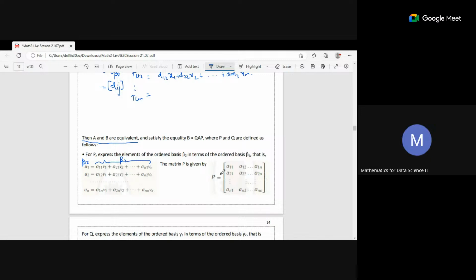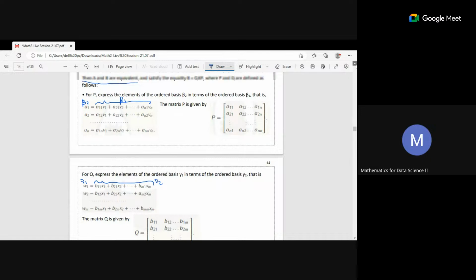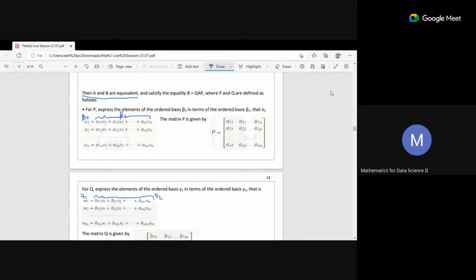Those coefficients will give you the matrix P. And for finding Q, express the elements of gamma 1 as linear combinations of the elements of gamma 2. That will give you the matrix Q. I guess this will be very abstract for you, but let us do some examples.